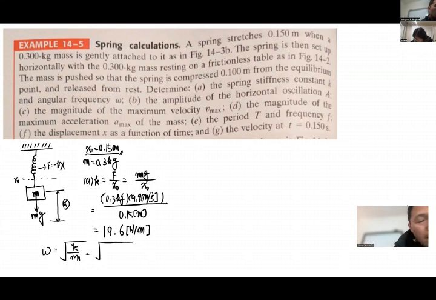So plug that k value into the square root: 19.6 Newton per meter, and m is 0.3 kilogram. That leads to a number of 8.08.